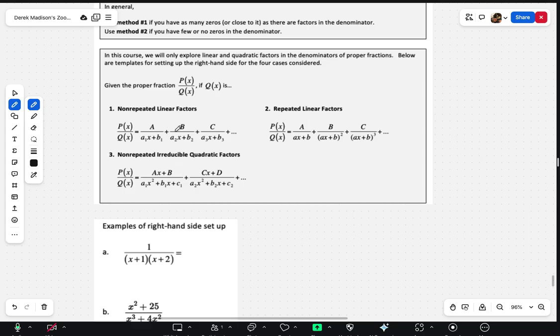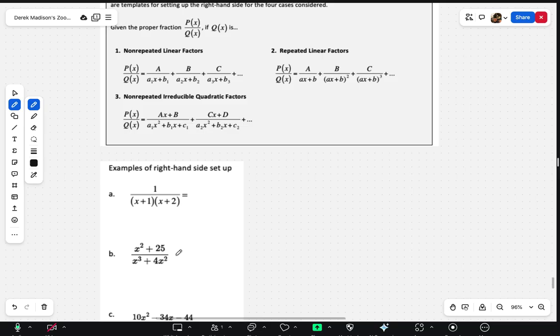In terms of how to set these up, this box looks really complicated, and I'll try to simplify it down here a bit for you. But when we have non-repeating linear terms like this, and non-repeating means they're not squared, there's just a single one of them, what we do is we set up a over the first term plus b over the second term, and it wouldn't matter if I wrote those backwards.